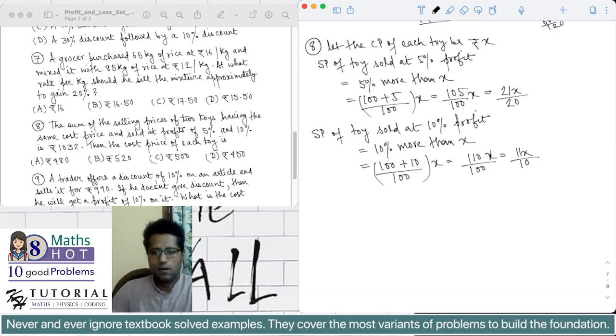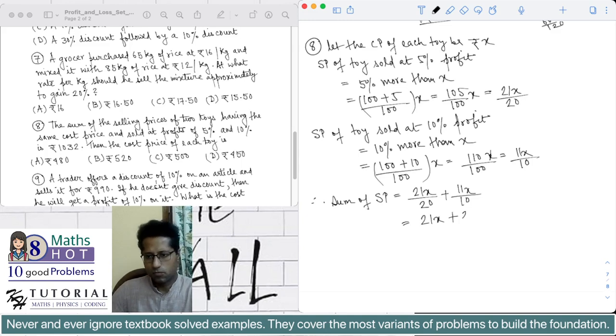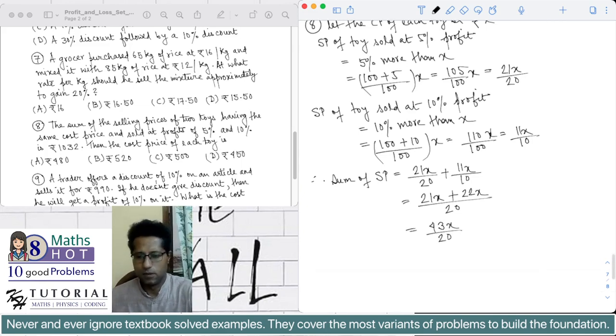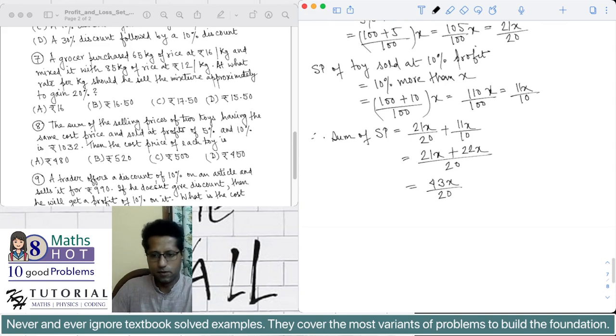Therefore, the sum of SPs is equal to 21x by 20 plus 11x by 10. This after simplification is 21x plus 22x divided by 20. This is equal to 43x by 20.